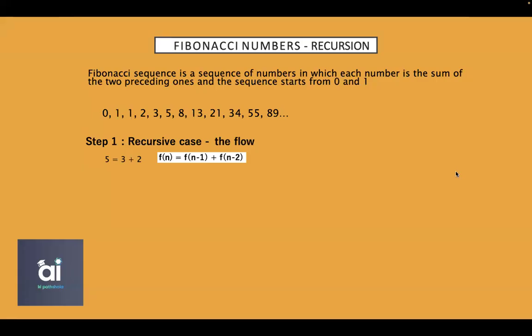So let's look at the base condition. How can you define the base condition for this method? To find out what will be the base condition, let's go back to our definition. Here in the definition, we see that our sequence starts from 0 and 1, which means that if we select as a parameter 1, the Fibonacci of 1 will be 1.